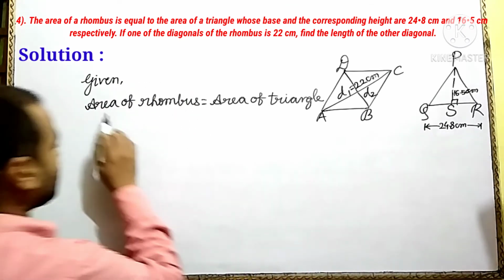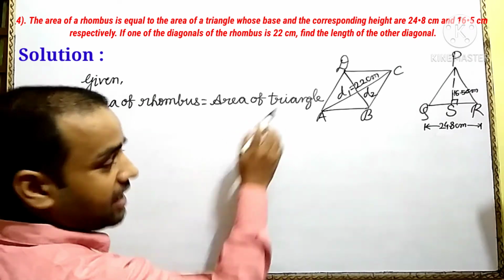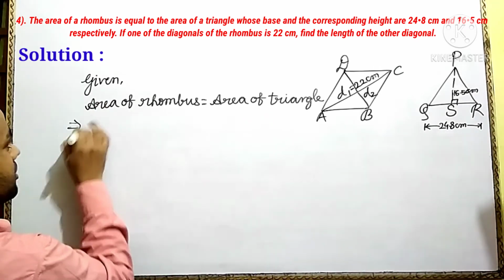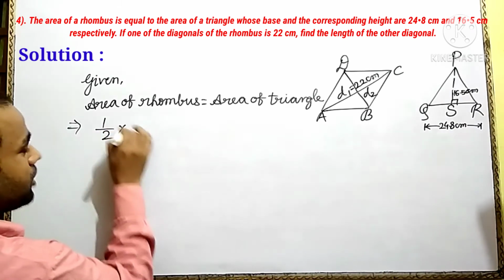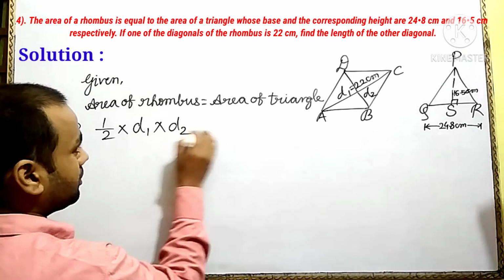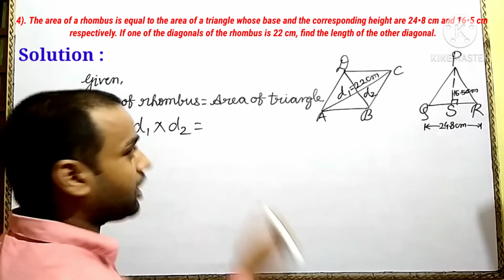So according to the question, area of rhombus is equal to area of triangle. The area of rhombus, we know, is half into product of diagonals, here diagonals D1 into D2. Area of triangle, we know, is half into base into height.